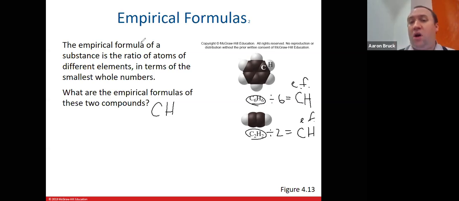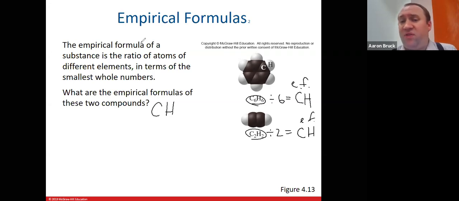Now, just because two compounds have the same empirical formula does not mean that they are the same molecule at all. In fact, acetylene and benzene, these two substances depicted here, are very different from each other in a number of different ways. Benzene is a liquid, acetylene is a gas. Both are flammable, but in very, very different ways.